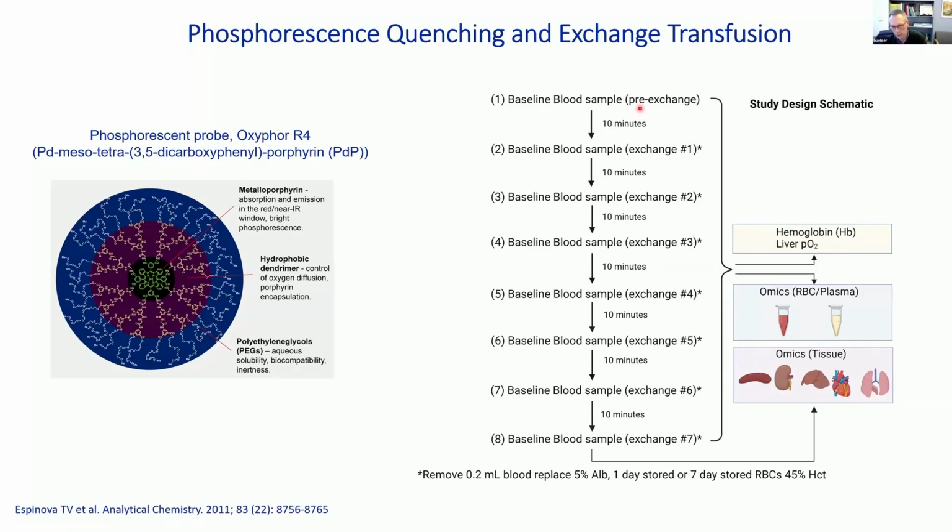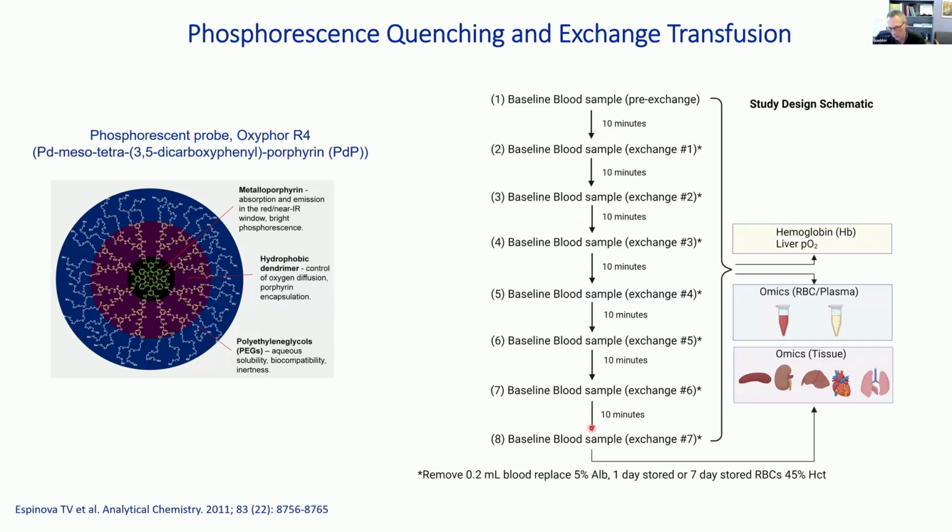So if you see a hemoglobin that's basically normal after you do exchange transfusions, where we did, in this study, the way it's set up is we did multiple exchange transfusions over multiple time points to essentially try to replace approximately 80% of the overall blood volume with transfused blood.